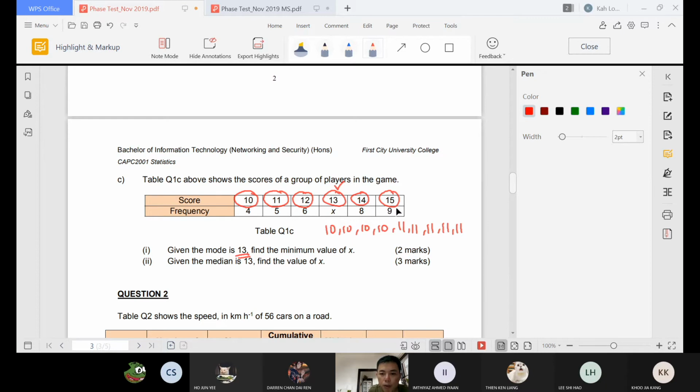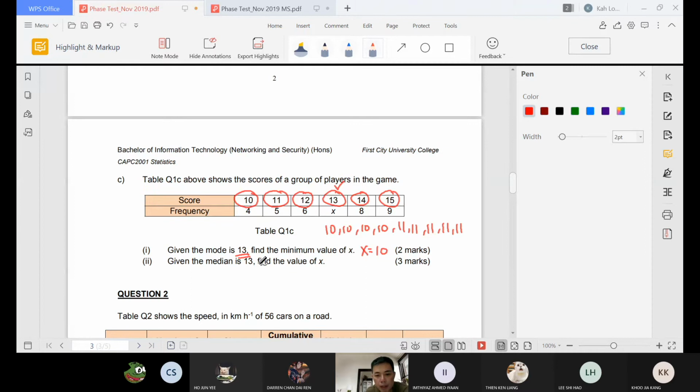So if you want the mode to be more than this number, x must be at least 10. If you want the mode to be 13, your frequency value must start from 10, 11, 12, 13, 14, and so on. But the minimum will be 10.